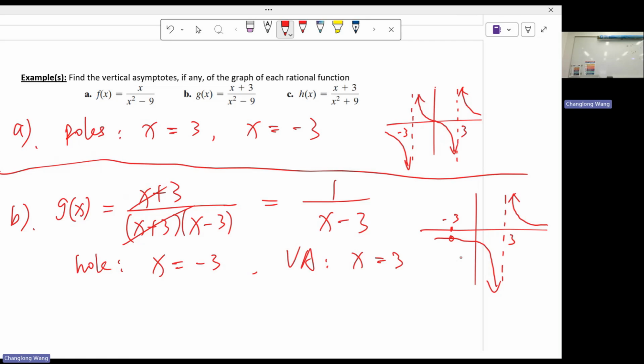But do you see that once you simplify the rational function, it does not have a VA, because it does not have a pole at the point, at -3, because it was canceled by a 0. Like the kind of asymptotic behavior where the graph wants to get away from that point on the x-axis.